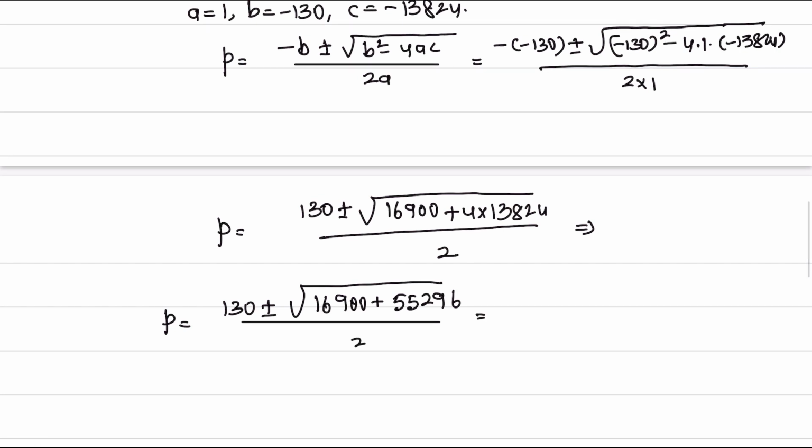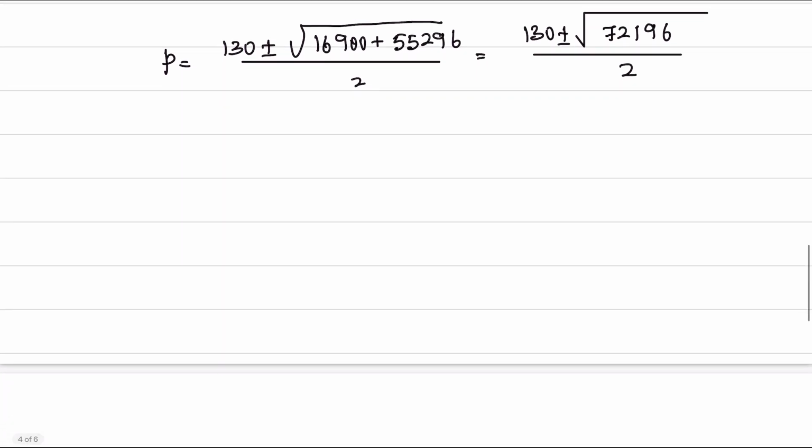That is equal to 130 plus or minus square root of 16,900 plus 55,296. How much will it be? 72,196, whole divided by 2.